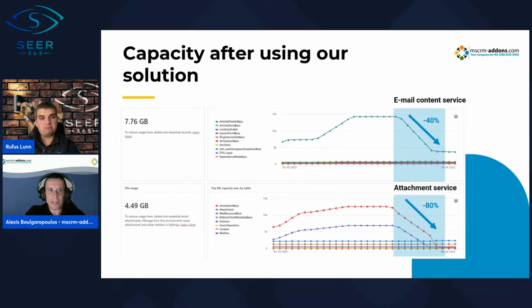At the end, for me as a user, nothing changes. I can still read the emails, open the files, forward and reply. Everything works exactly the same, but in the background all the data has been moved to a cheaper storage.